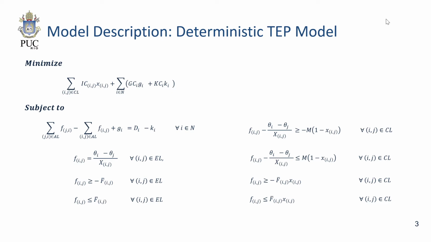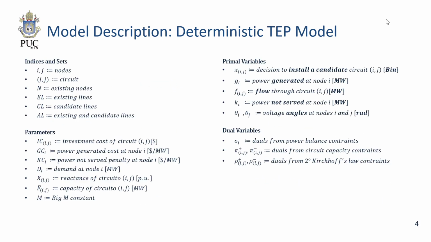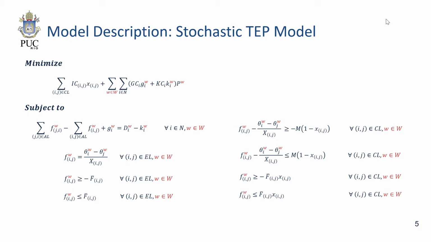So that's the idea. The model that I presented, all of the description and the information that we need about this model is here. So when we go to the stochastic model, we only add uncertainty in the format of scenarios.